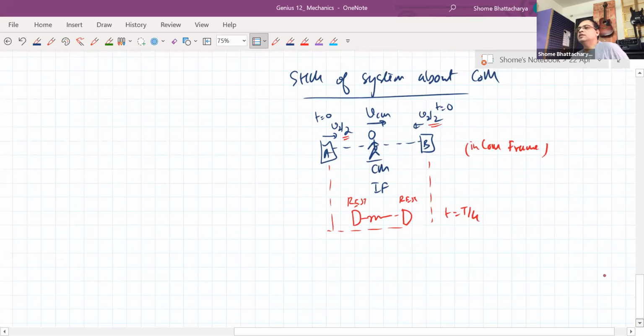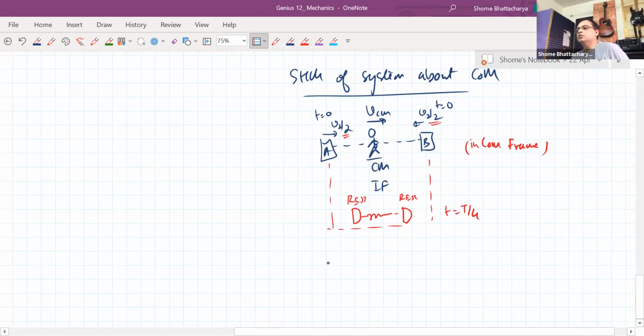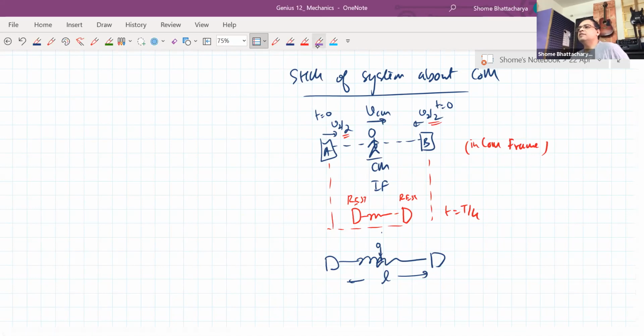Then again at 3T by 4, they came back to natural length. But this time in the center of mass frame, this and this have a velocity in this direction, and that velocity will be the same as this, V2 by 2 and V2 by 2.